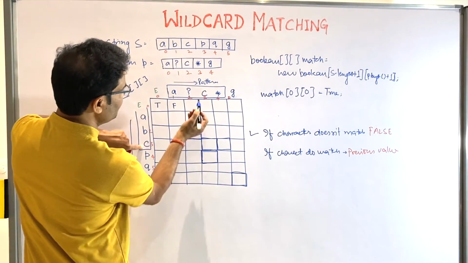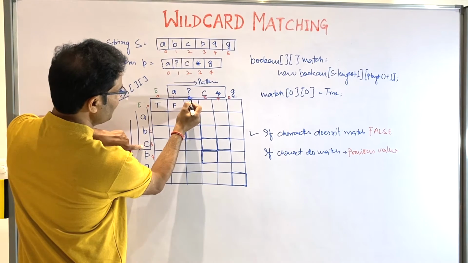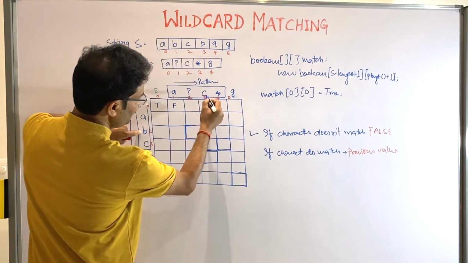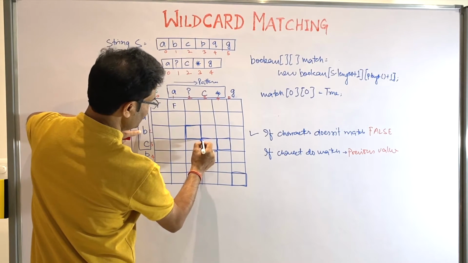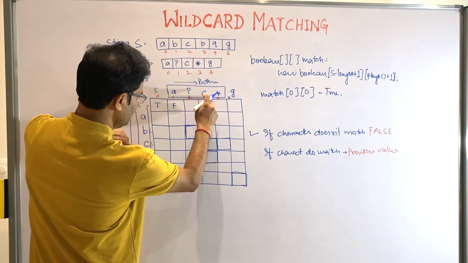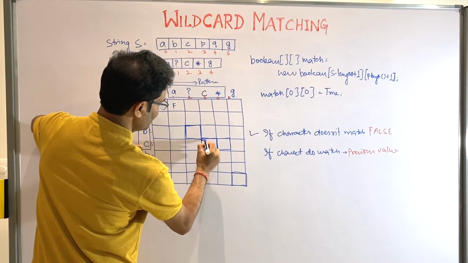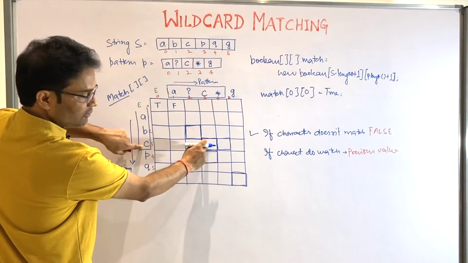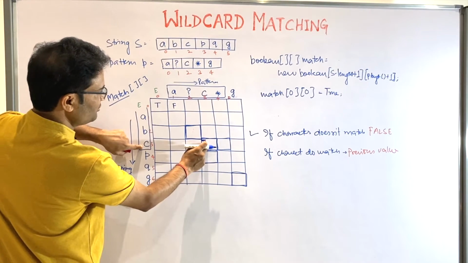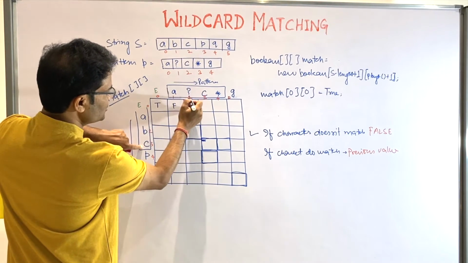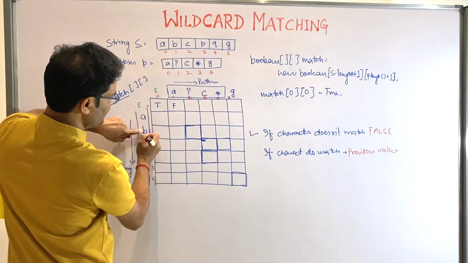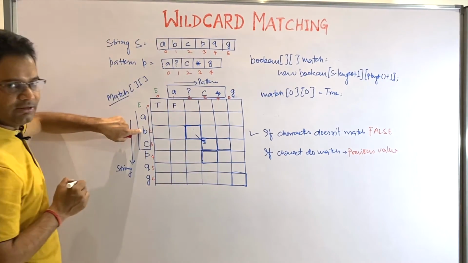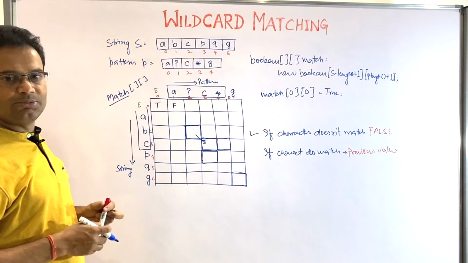What is the previous value? Before C this one, and before C this B. So this is the previous value. I will take the value from here, right? That's why I say the previous value.